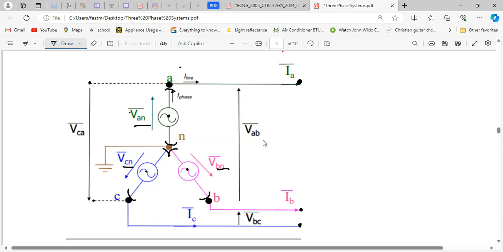The line and the phase are different due to the root relationship from the equation, and you can clearly see it here. If I connect one between A and C, call that VCA, which is from here to here, you can clearly see that it's made up of two supplies. And we know that V line is root 3 of your V phase.